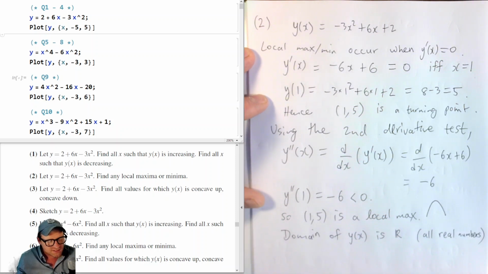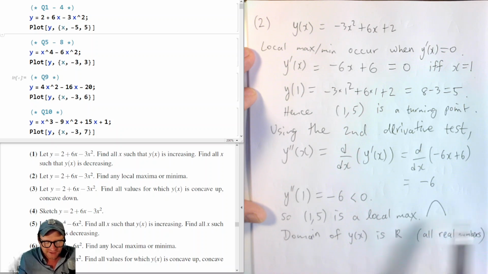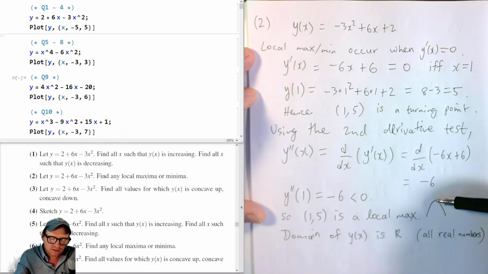Okay, good. So now that we know that this is a local max, have we solved question 2? Yes, we have. This is the unique local maxima. There's no local minima. And we know it's actually a global maxima because on the entire domain, this is the top, all right?